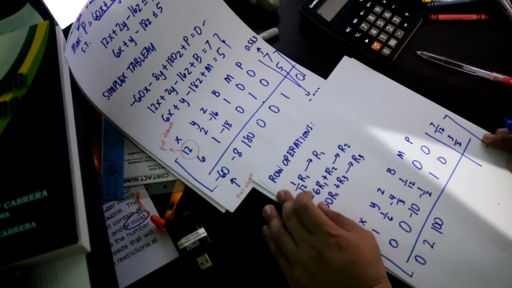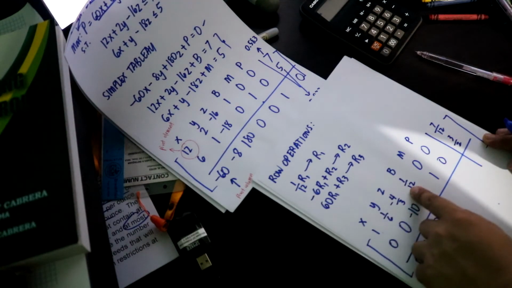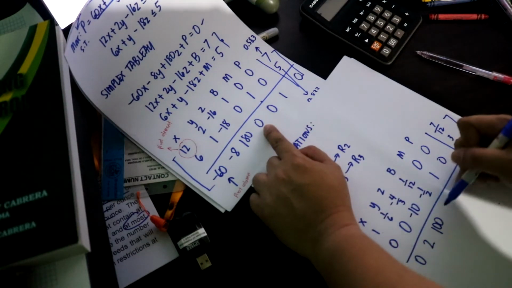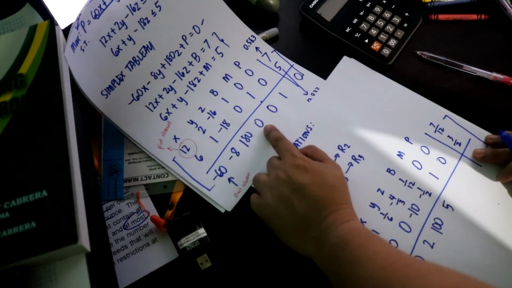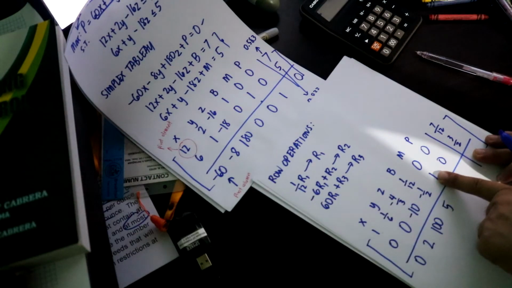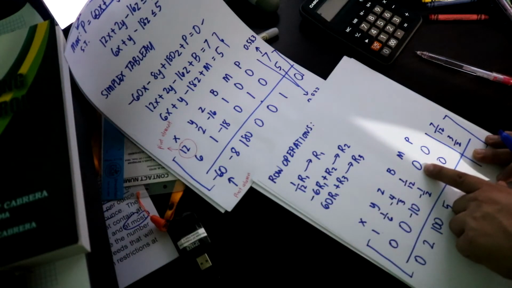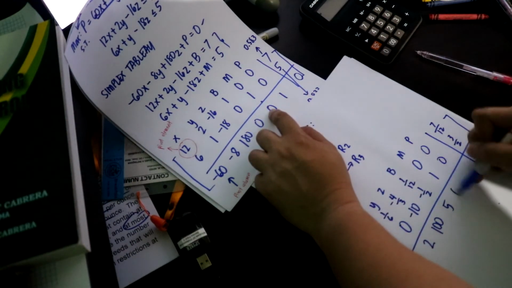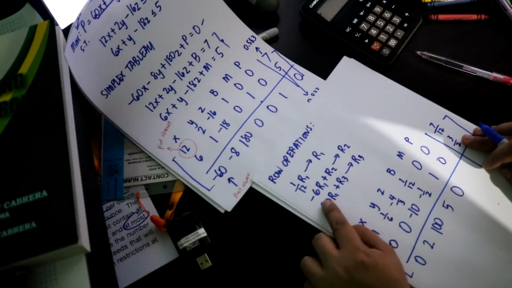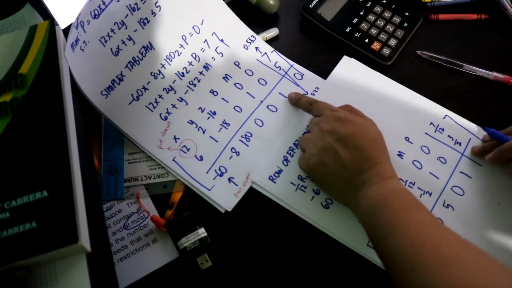60 times 1 over 12 is 5, plus 0 is 5. And then next, 60 times 0 is 0, plus 0 would be 0. 60 times 0 plus 1 is 1.